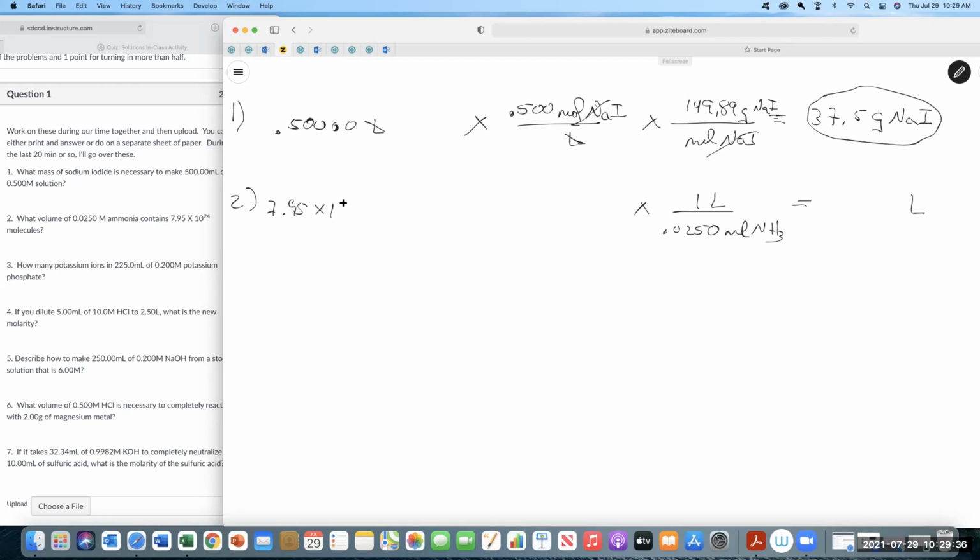So you see how you want to get comfortable, and you've done a lot of problem solving now with going backwards, going forwards, just putting the units where they need to go to make the problem work. So now I have the molecules. I need molecules in the denominator, and I know that Avogadro's number is per mole.